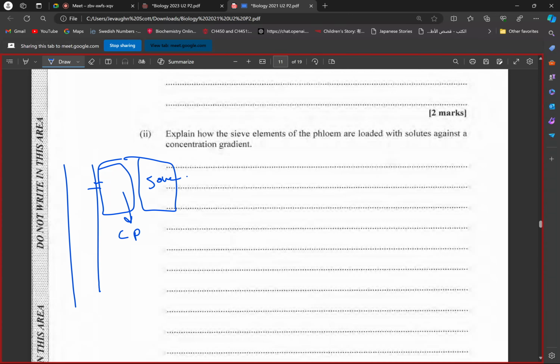Okay, sir. So you will have diffusion of the, well, in this case, the assimilate into the companion cell. But after a certain time, you know that the concentration in the companion cell will become higher than that in the source, and with facilitated diffusion, it moves down the concentration gradient.